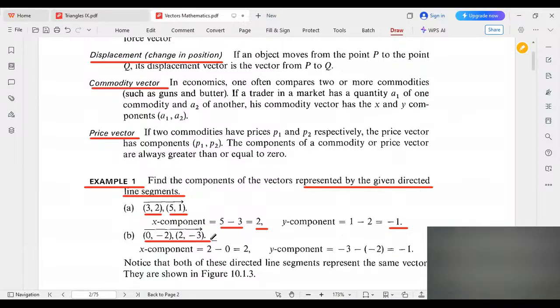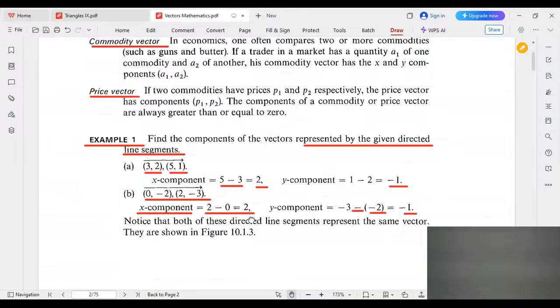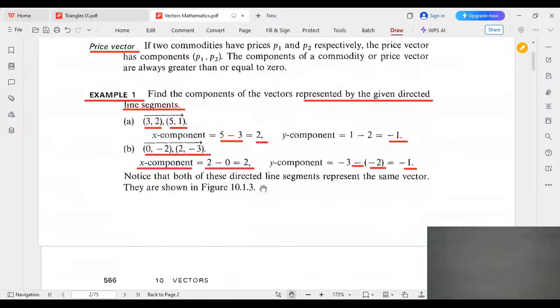For this question, the x component will be 2 minus 0 equal to 2, and the y component equals minus 3 minus minus 2 equal to minus 1. Notice that both of these directed line segments represent the same vector. They are shown in the figure.